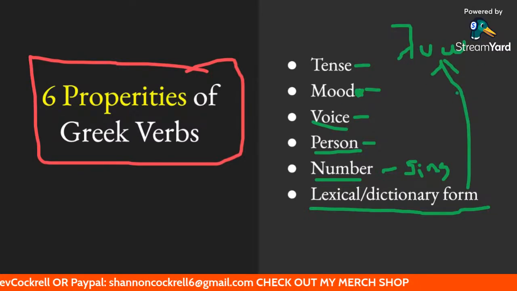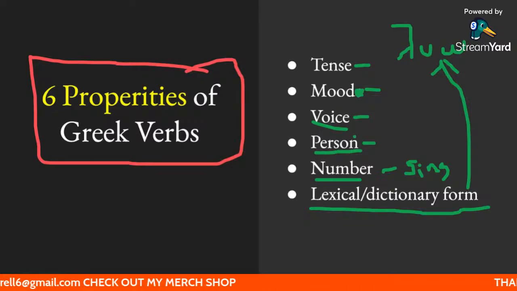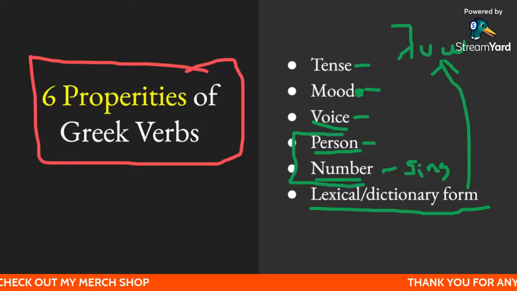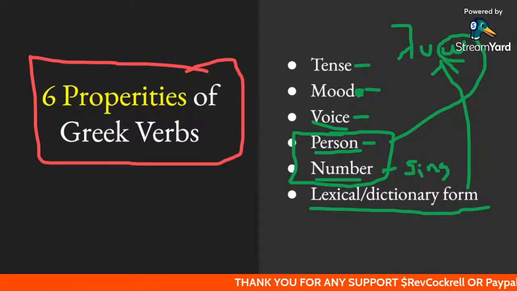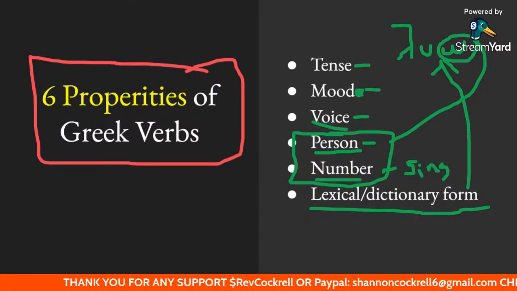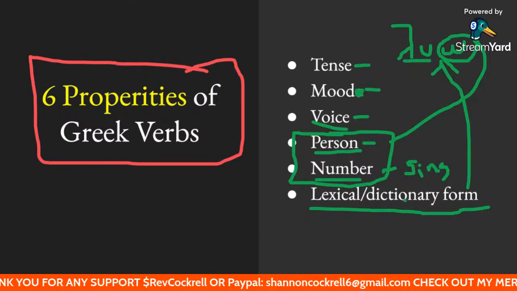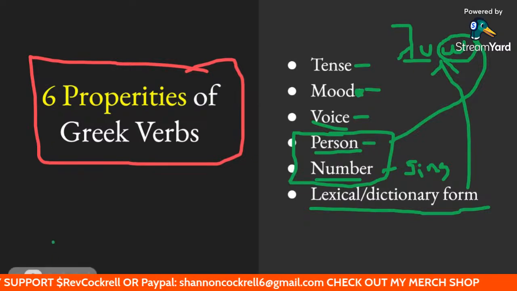We'll get into all of this later in the lessons, but the person and number suffix is right here. This ending lets you know how many and what person. The stem gives you the lexical form.